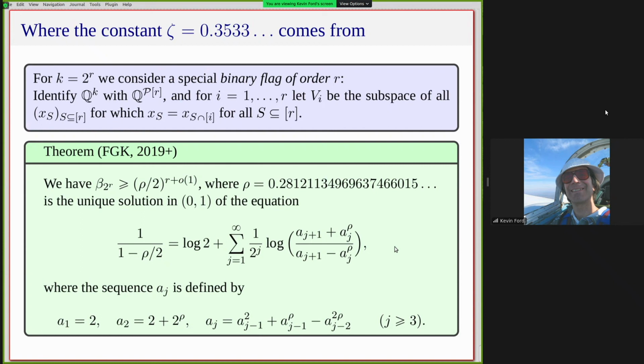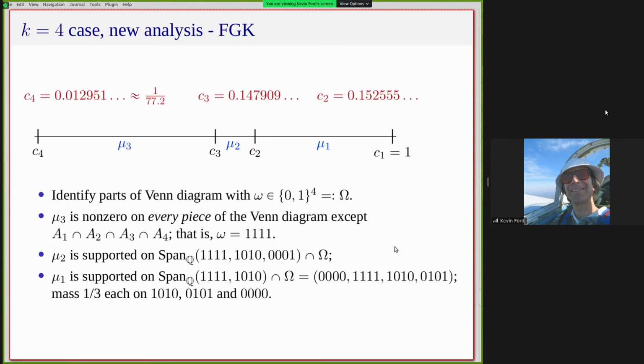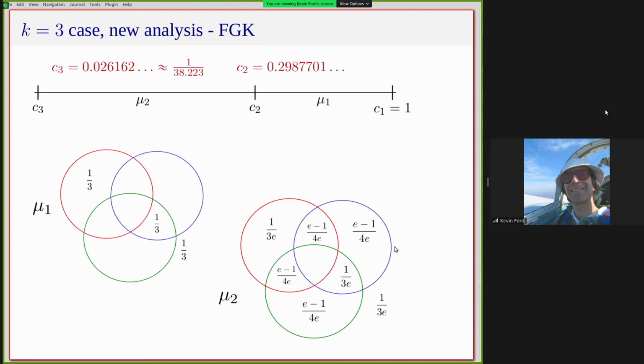Again, there's a tremendous number of details being omitted here. So again, back to where we were. Yeah, so this is the new analysis.